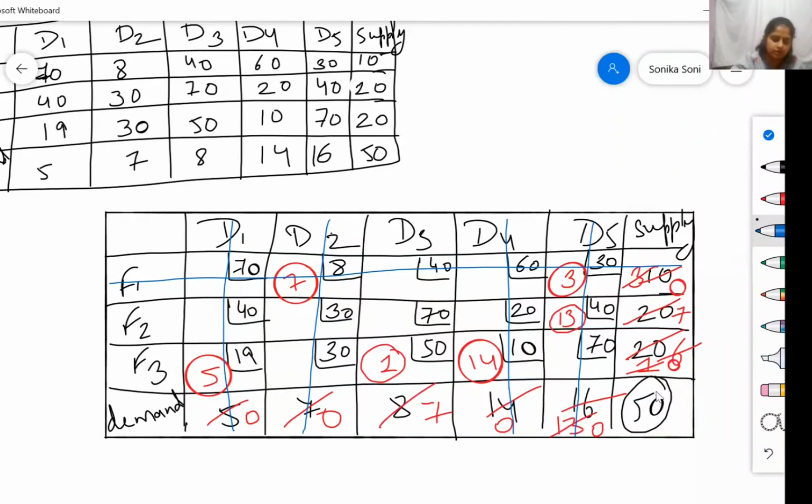So we have to cancel the F3 row out. Now we are remaining only with the last cost, which has 7 in the supply and 7 in the demand. That means we have to allocate 7 here, which means we have properly done the question and utilized both demand and supply. So we cancel the column and row out.